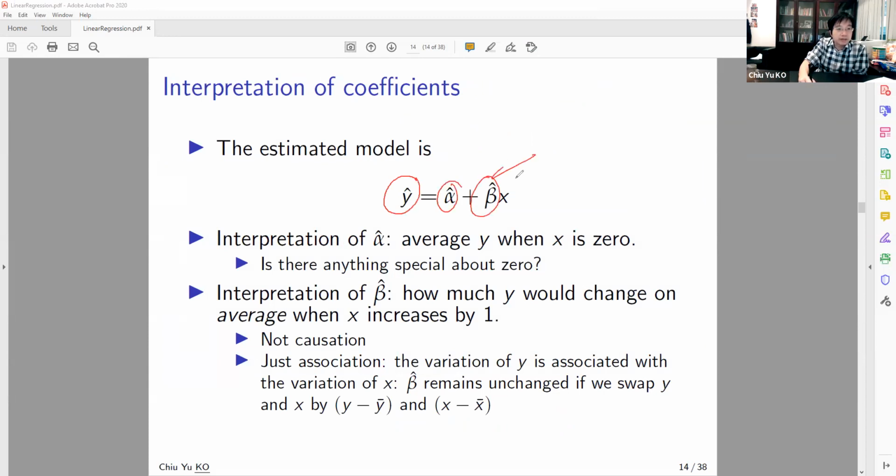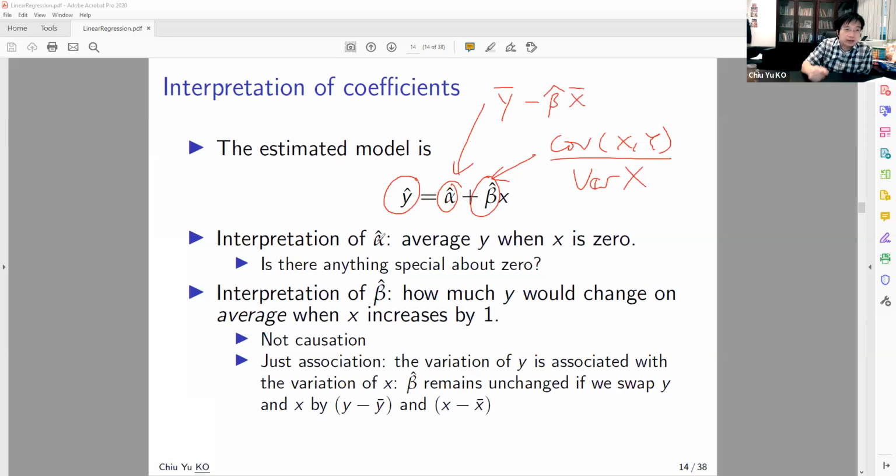Just to remind you what beta hat is, as someone asked in the chat: basically it is the covariance of x and y over the variance of x. So this is what it means.